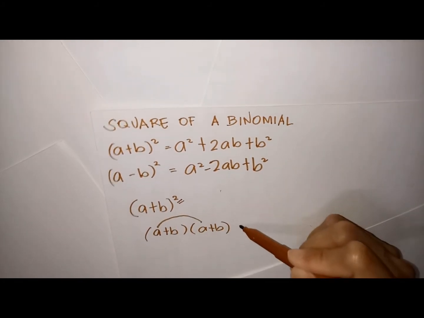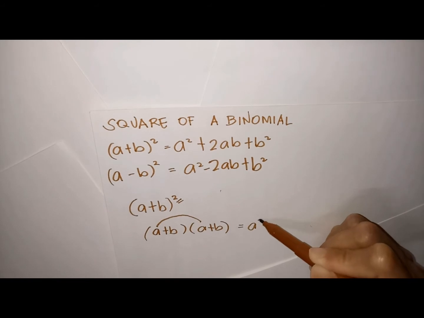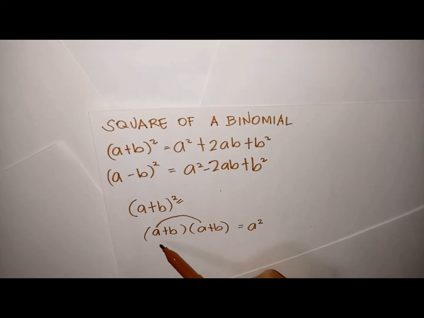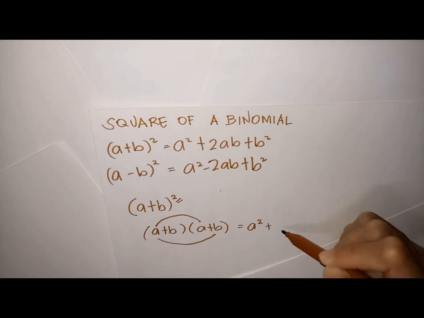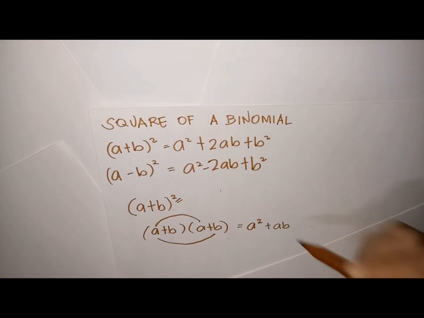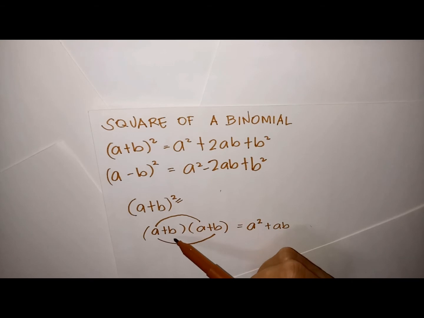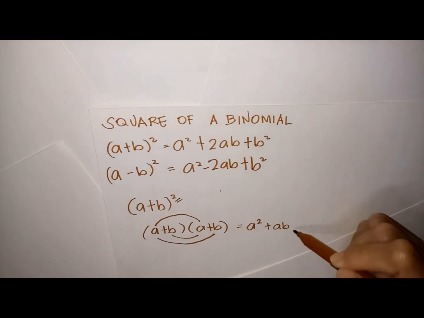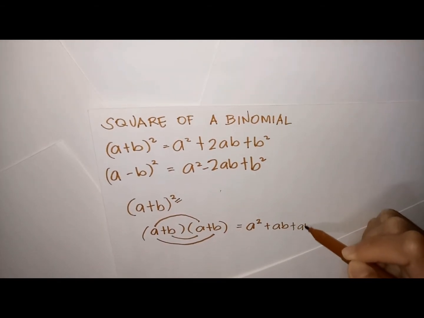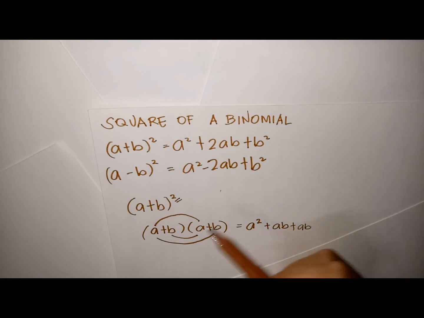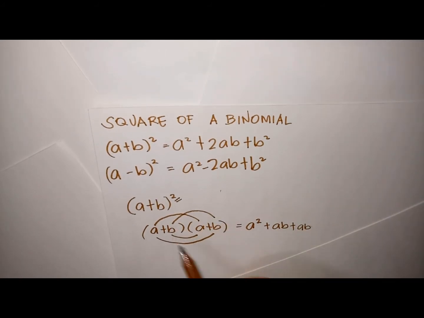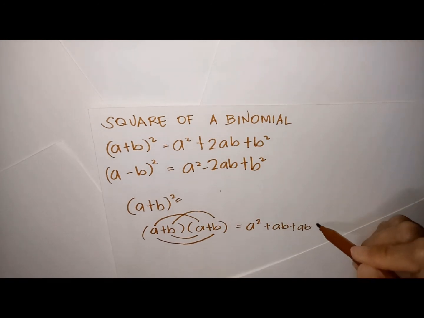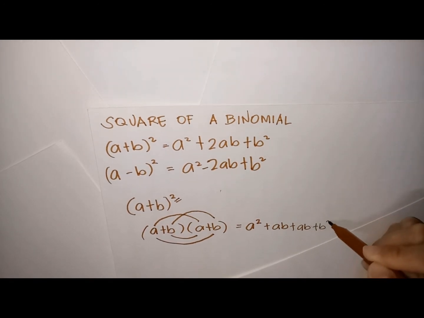It will give us a squared. Then we have a times b will give us ab. Then we have inner multiplied to inner, that is plus ab. And then we have the last term. So we have b times b will give us b squared.